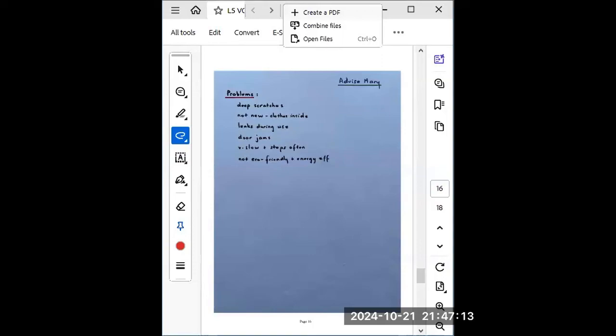One complaint is that she says the machine has deep scratches. You tell me, is that a section 13 or is that a section 14? Deep scratches.